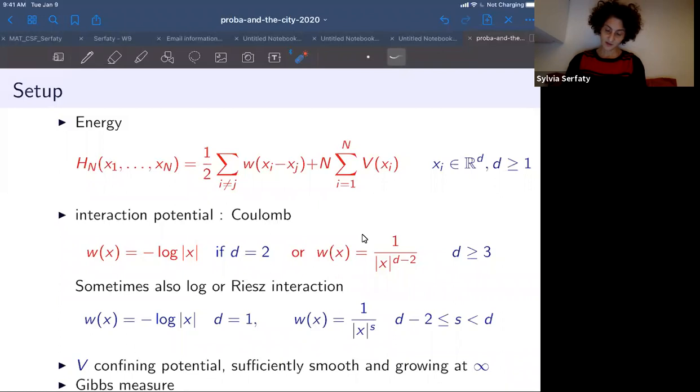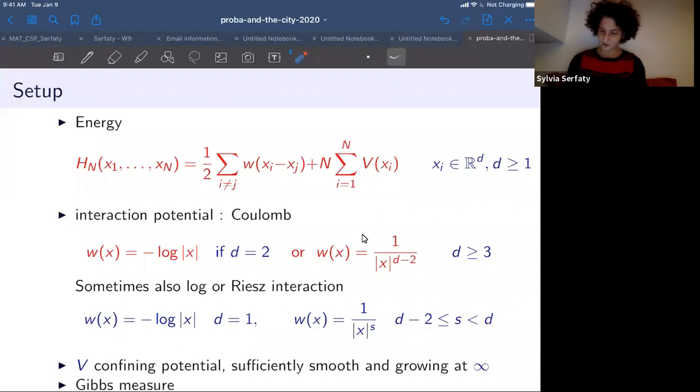Very precisely, you can consider minus log in dimension 1. That's the log case. Or you can consider 1 over distance to the power s in general dimension. But the power here has to be between d minus 2 and d. So d minus 2 is Coulomb. All right, so this is sort of super Coulombic. I'll call that the Riesz case.